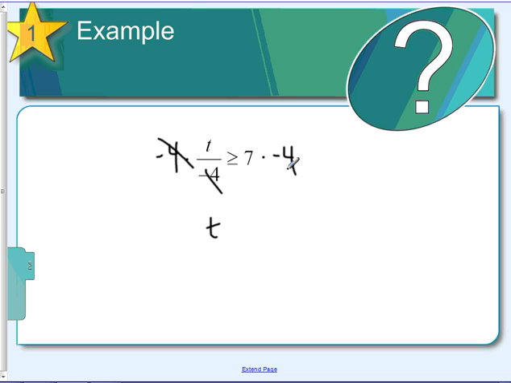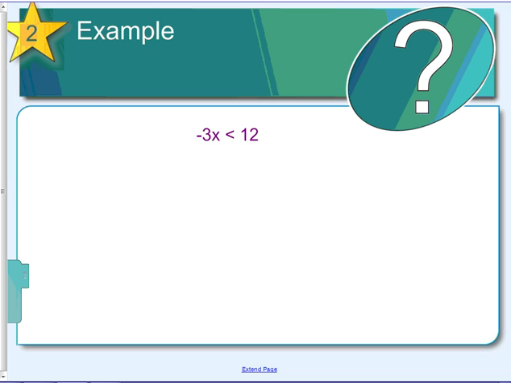Now, because we multiplied by a negative number, we need to then switch the sign. So then 7 times negative 4 is negative 28. We're going to do a couple more examples with the same idea.